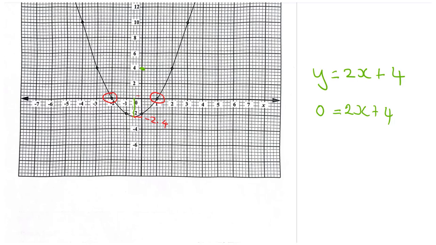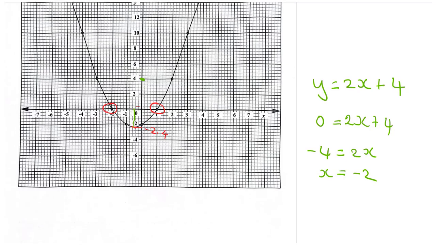Transposing, we get -4 is equal to 2x. Divide through by 2, we get x is equal to -2. Therefore, the next point is going to be -2, 0. Remember that we start out with x first, then y. So we're going to put the next point right here.